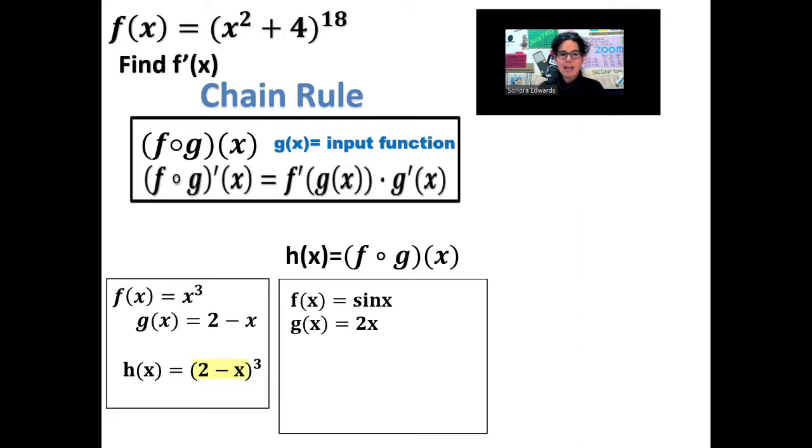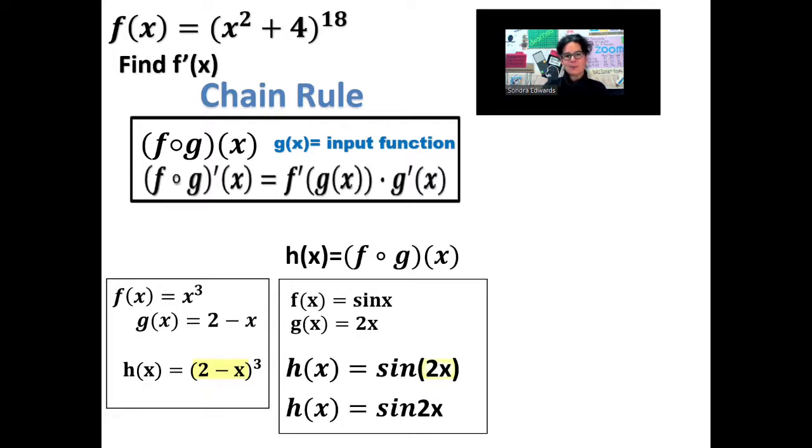If I were given f and g, and I wanted f comp g of x, I would start with the f function, the sine of x, but replace the x with 2x. So that ends up being the sine of 2x. 2x is that input function. Now notice if I simplified, it is really common for those parentheses to be left out, but they are there.